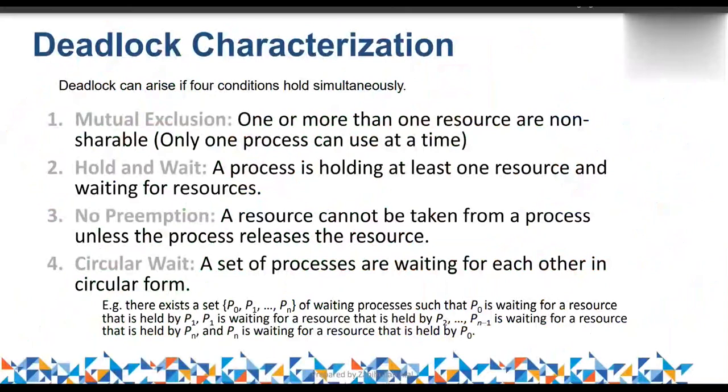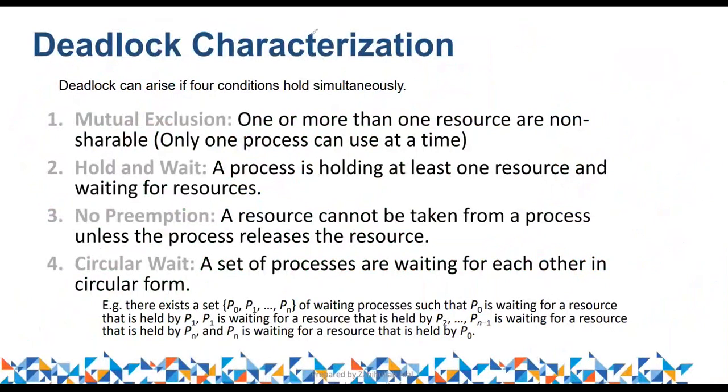The final deadlock characteristic, or the final deadlock condition which can make deadlock possible, is circular wait. Remember, dear students, a set of processes are waiting for each other in a circular form.